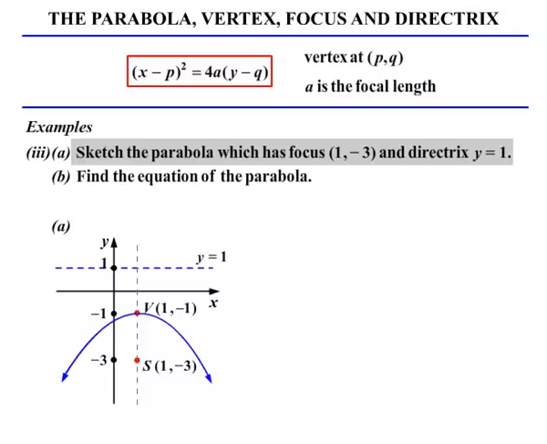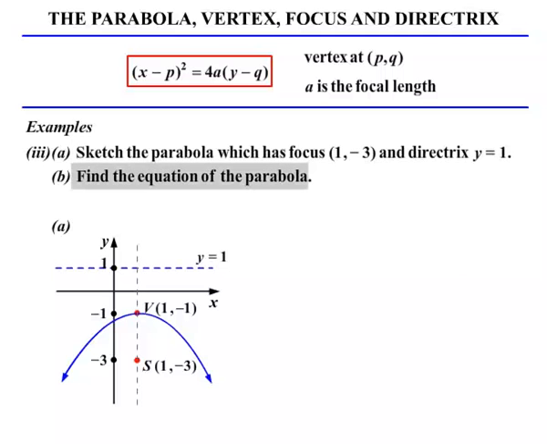Alright, now, the focus is always inside the parabola. So you can see that's why we've drawn the parabola the way we have. If we drew the parabola the other way, it would actually cut through the directrix. That will never happen.